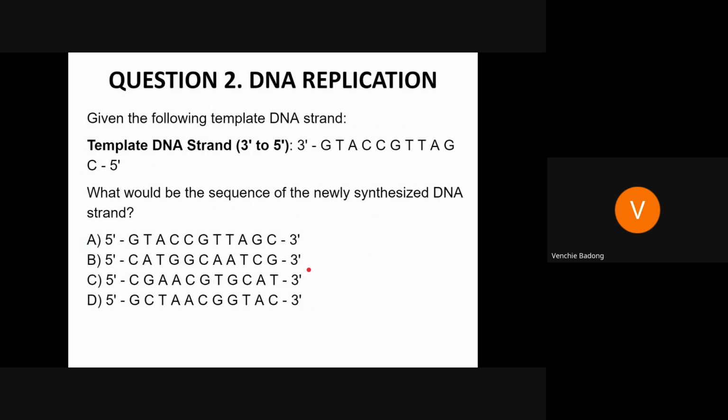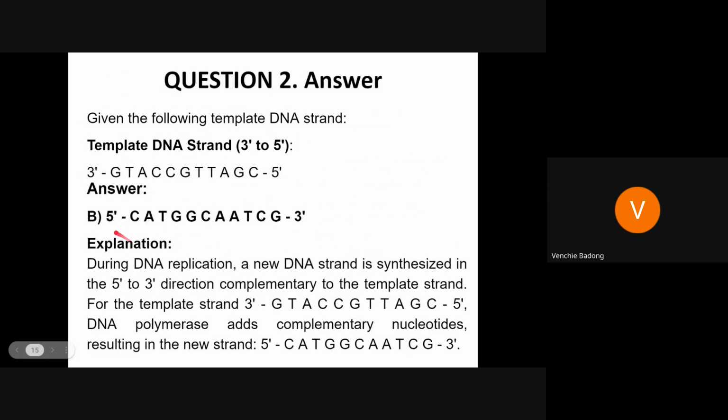Another example: given the following template DNA strand, the strand is from G to C under this direction, 3 prime to 5 prime, and here are the choices. Again, remember the base pairing requirement, that is G to C, T to A, or vice versa. So with that, the answer will be letter B. During DNA replication, a new DNA strand is synthesized in the 5 to 3 direction, complementary to the template strand.